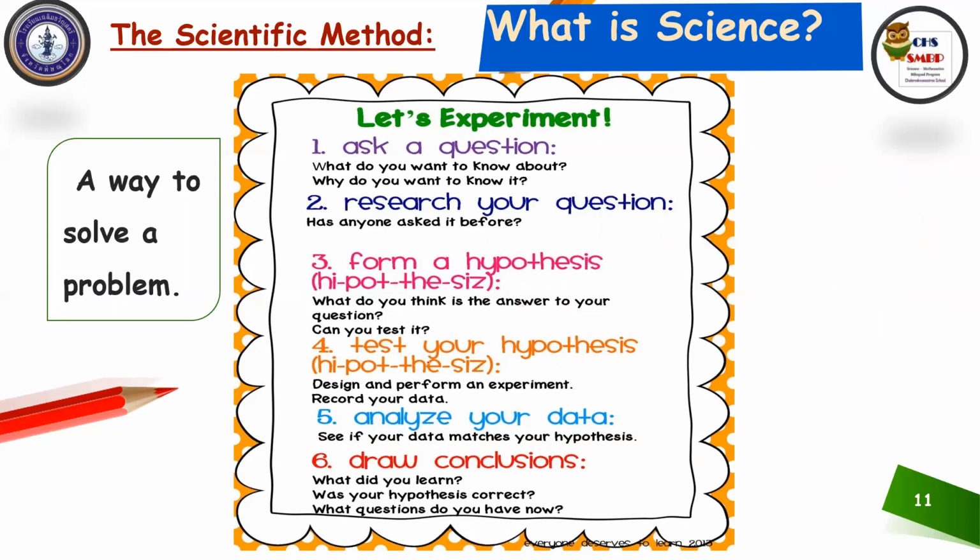So you can test your hypothesis with a designed experiment, and from the experiment you can record the data. After recording the data, you can analyze the data to match with your hypothesis. Based on your results, you can draw conclusions. From the conclusions, you can get to know what you learned, and then was your hypothesis correct?